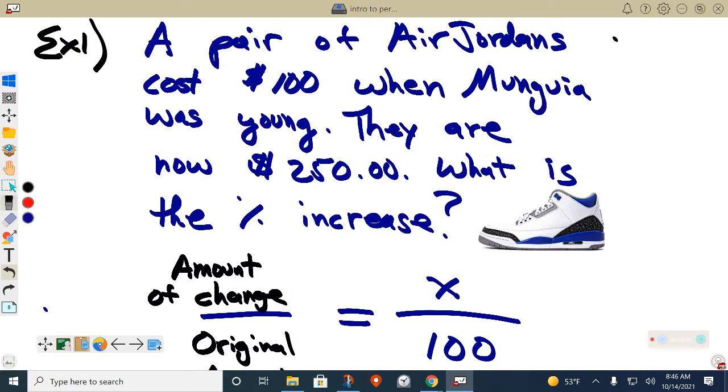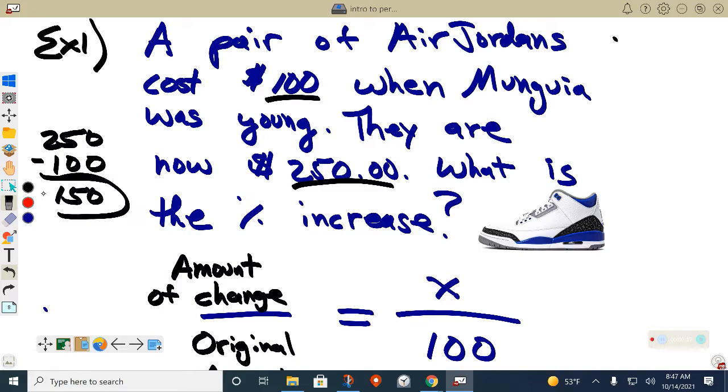Perez, what do you do in your head to get to 150? Subtract 250 minus 100. Right, just take the new price and subtract the old price. That's the amount of change in dollars. So 250, new price, minus when I was a kid, 150 bucks. That's the amount of change from the original to the new.